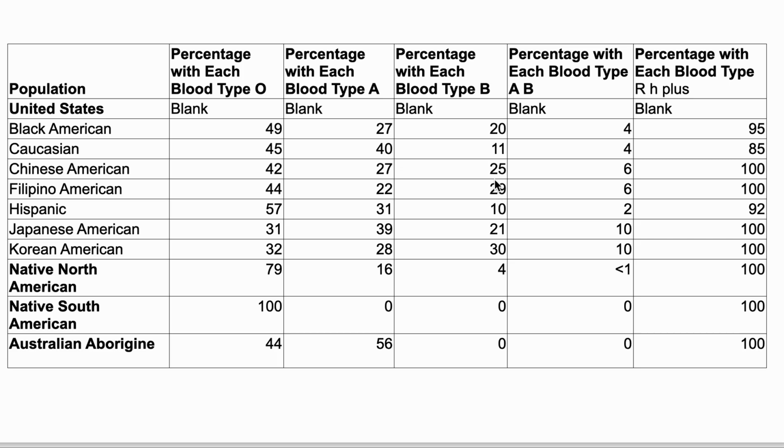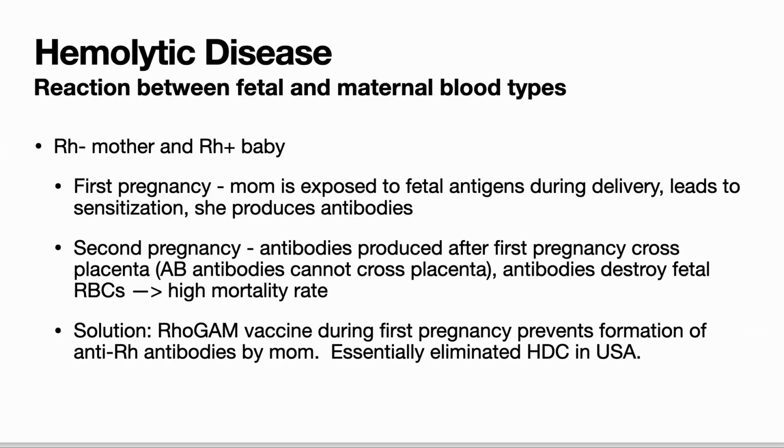On the other hand, among some other groups, it's pretty high. So there's just some interesting things there. And you can see that for AB blood type, this is pretty low in most groups. So if that interests you, you can take a minute and check that out.